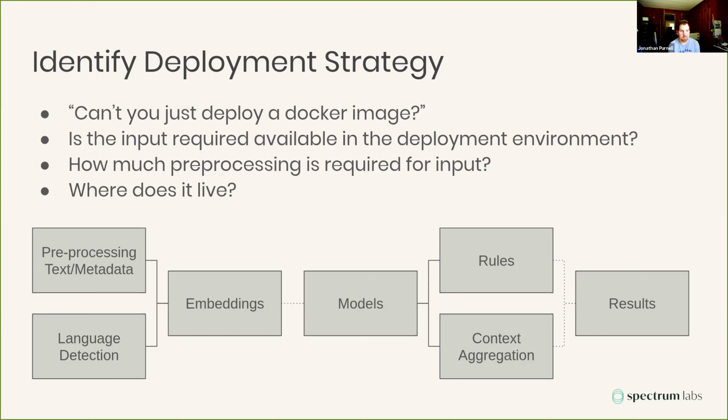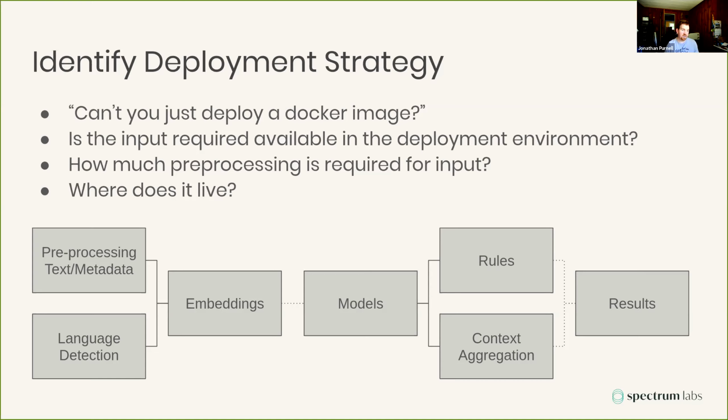So you can see there's two points of dotted lines, which is generally where we create these contact points between production and data science. On the data science side, we're using our environment and our packages to develop models and rule systems and context aggregation. But then those have to accept some input from production.